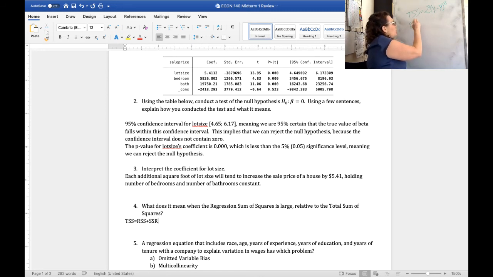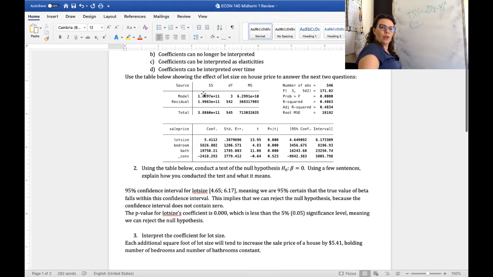And then the regression sum of squares, or the model sum of squares, is the sum of the estimated y's minus the mean, squared. And then the sum of squared residuals is just the sum of residuals squared.